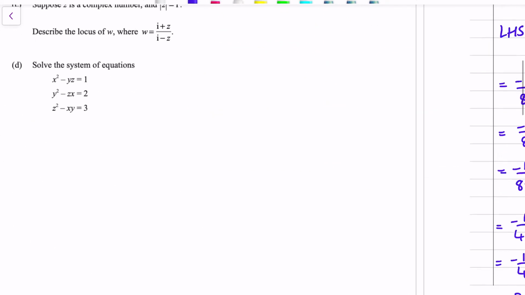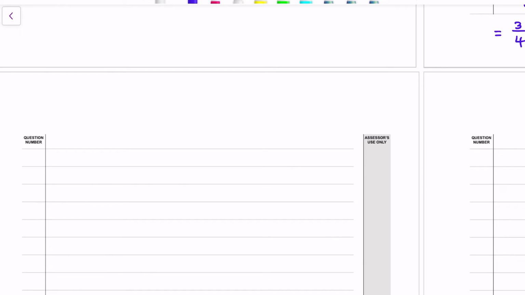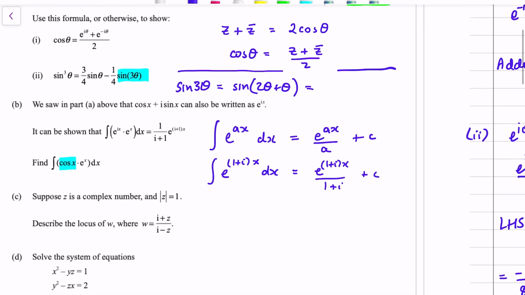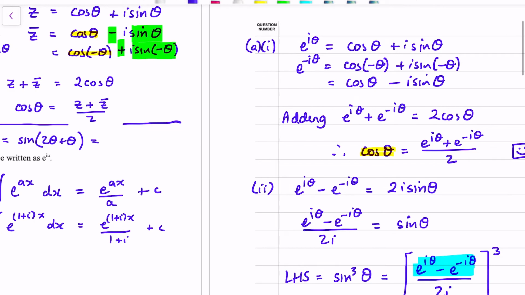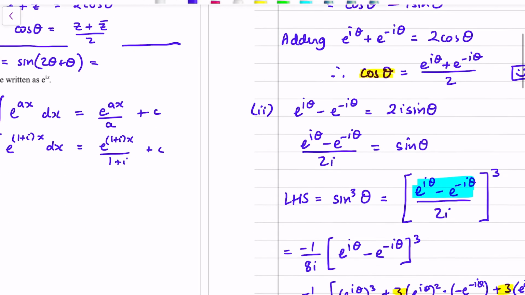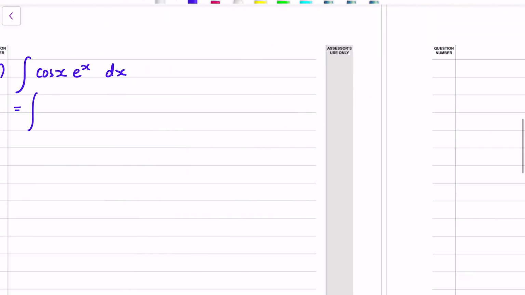So let's go, integral of cosine x e to the x. We can replace the cosine x with our formula, which we got in part A, e to the i theta plus e to the minus i theta divided by 2.